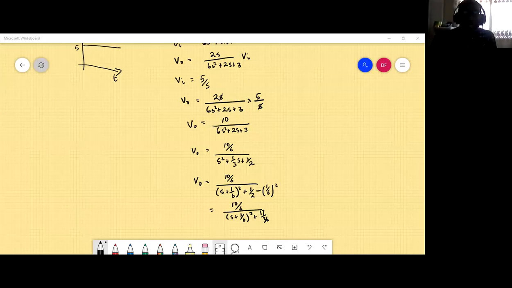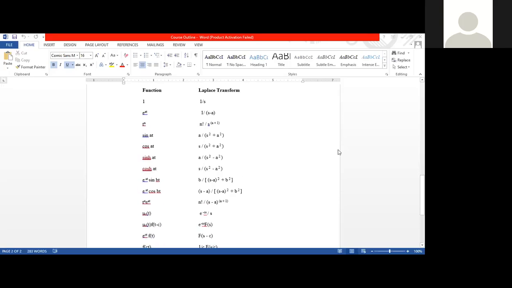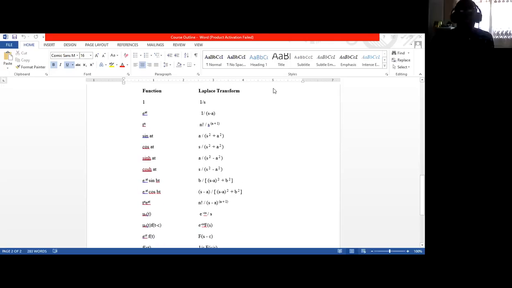Oh, so we are at now V out is equal to 10 over 6 times s plus a half squared plus 17 over 36. And so we go to the transform tables.